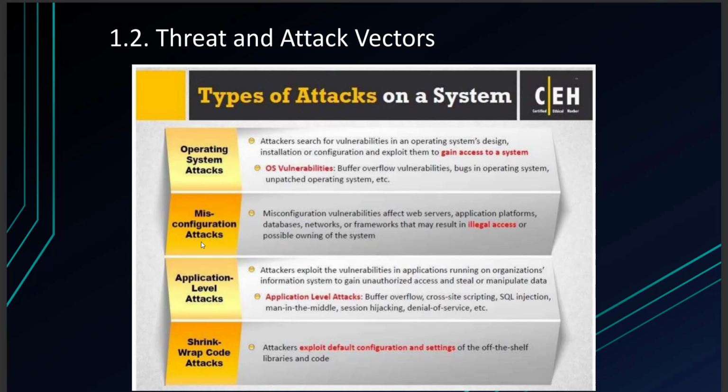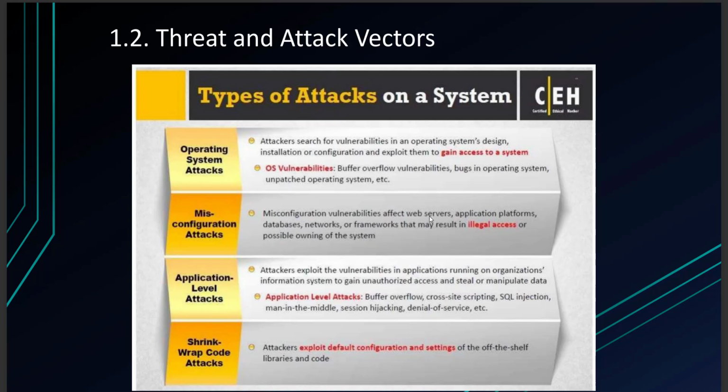Misconfiguration attacks. So sometimes you configure your web server to listen to certain ports, to listen to certain protocols, and to respond to certain requests. But somehow there will be misconfiguration or misunderstanding in the configuration. Maybe the IT engineer didn't configure it well, and from that there will be vulnerabilities arising.